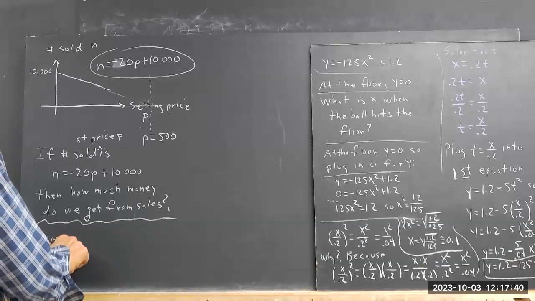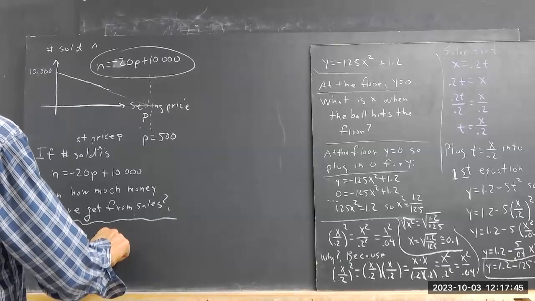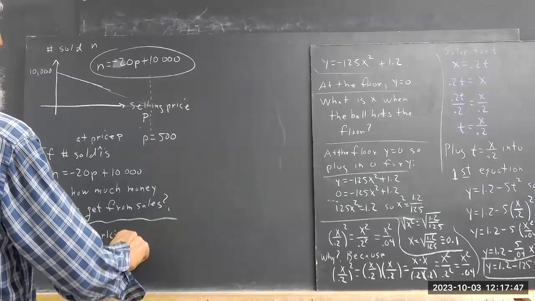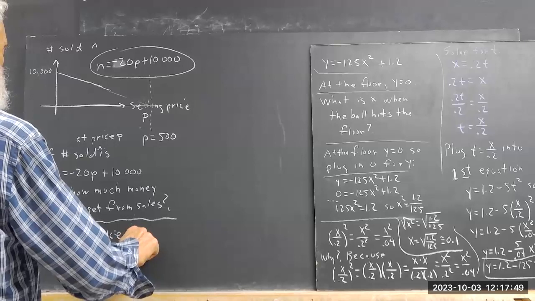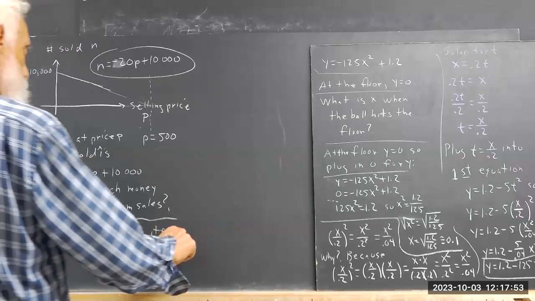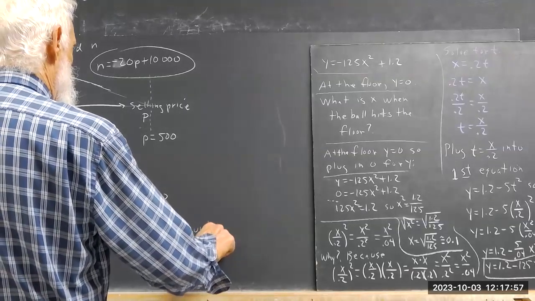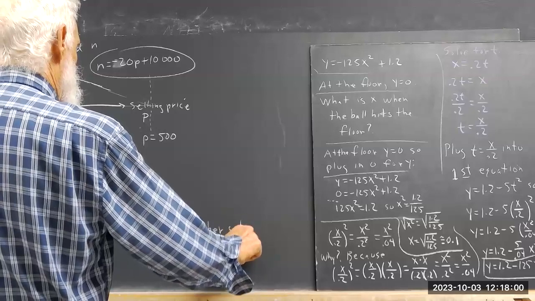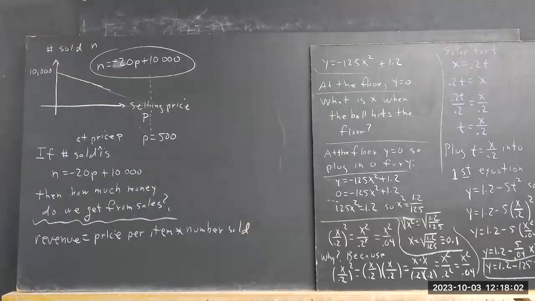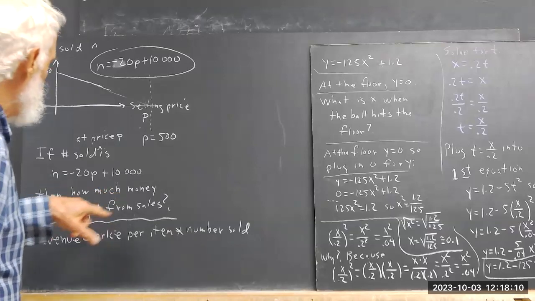Let me just write this down. Revenue is the price per item times the number sold. So we say, how much money do we get?